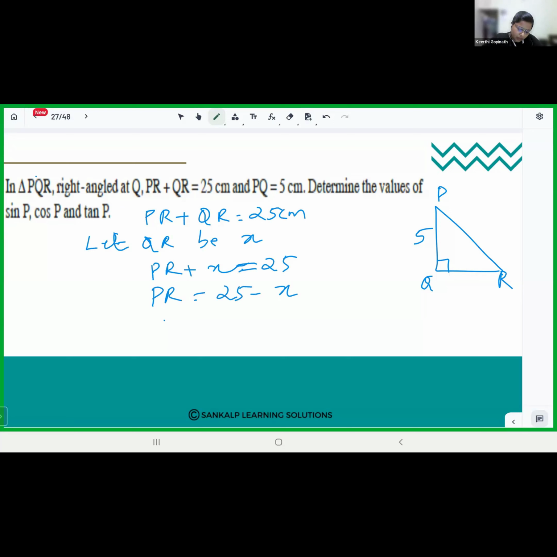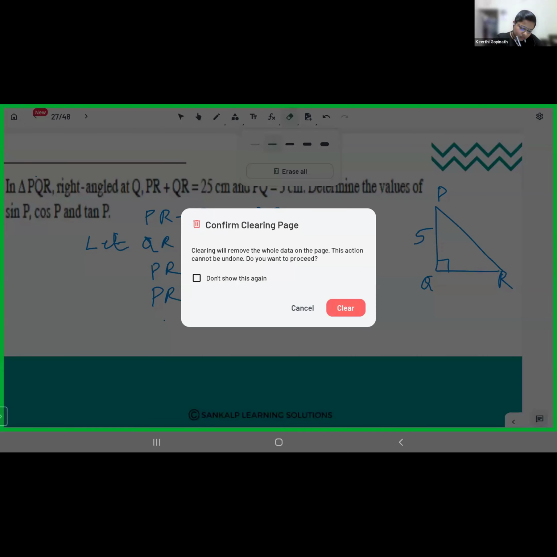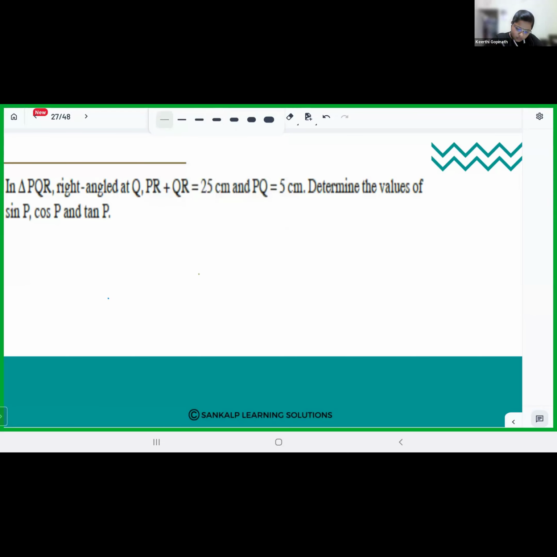Now we have to apply the Pythagoras theorem. QR is X and PR is 25 minus X. How will you write this according to Pythagoras theorem?